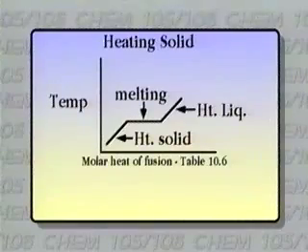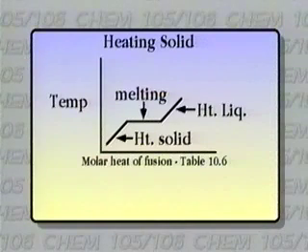Now, what happens when we heat a solid? We talked about what happened when we heated a liquid, and we noticed that we have a graph that looks quite the same. As we begin applying heat, we heat the solid up.